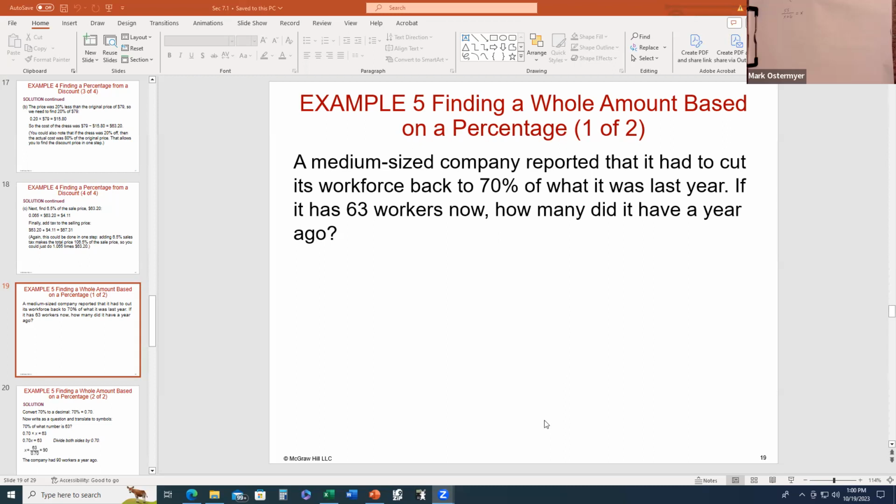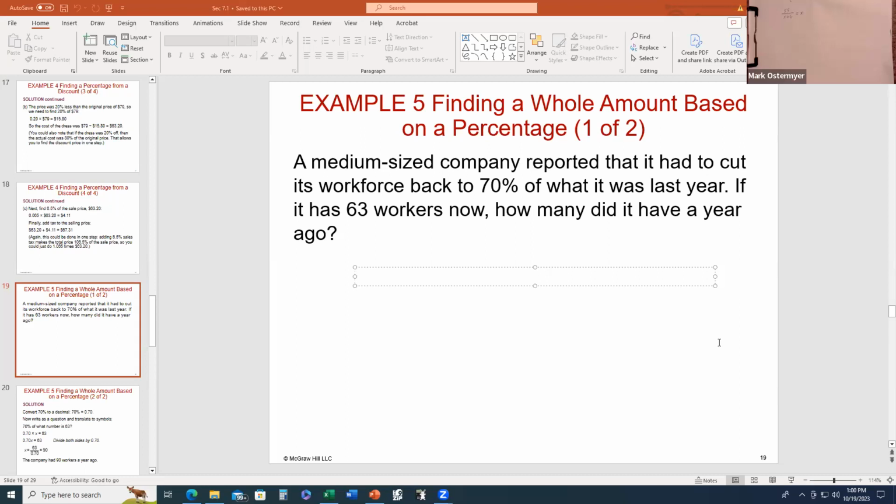Well, one way to look at this problem is to ask yourself this question. Is our workforce going to be larger today than it was last year? Or smaller? What do you think? Anybody? Smaller. Smaller, because we had to cut back.